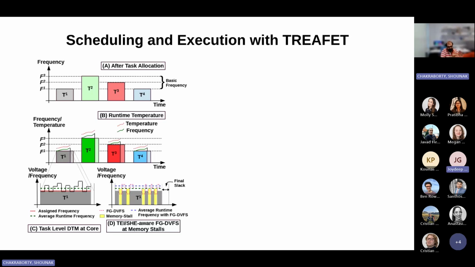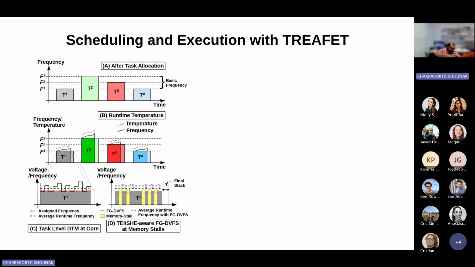Now, come to D. TI and SHA are frequency FGDVFS, that is fine-grained DVFS at memory stalls. The yellow parts are the memory stalls, and during those memory stalls you drop the voltage level. Once your voltage is dropped, you save some energy, and that saved energy can now be traded off to improve performance by a small glitch or spike in your voltage.